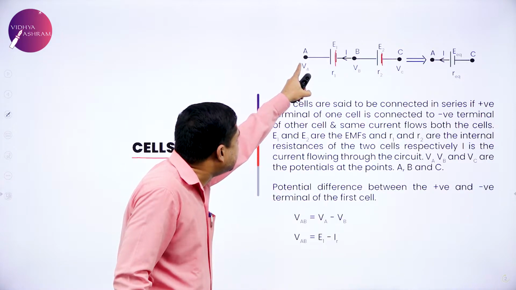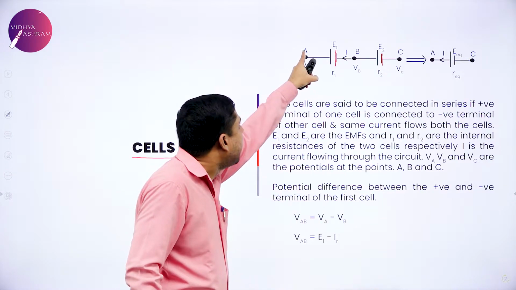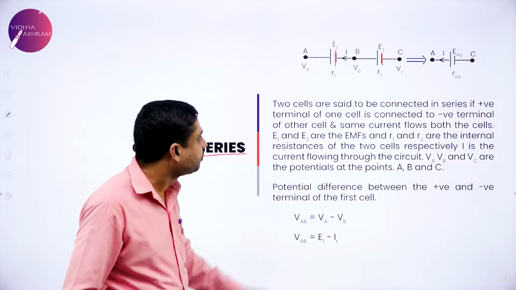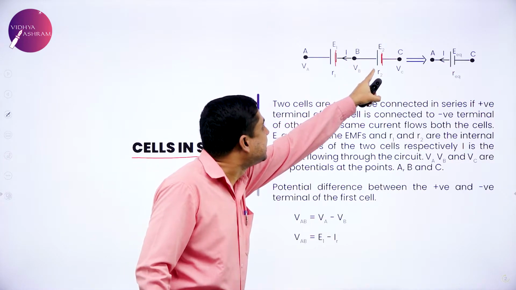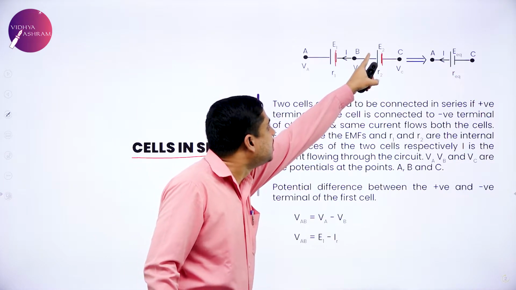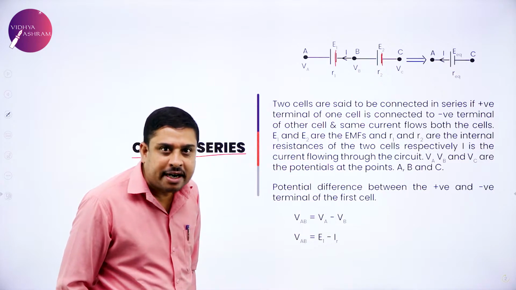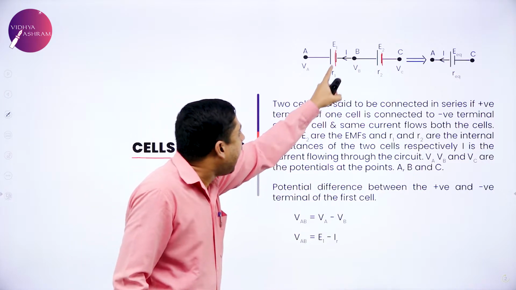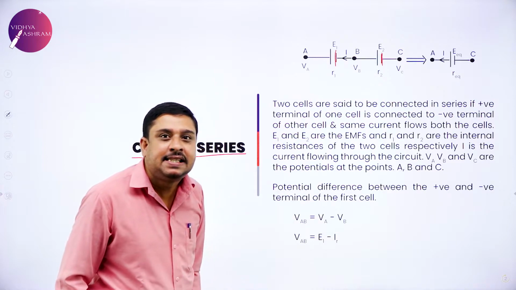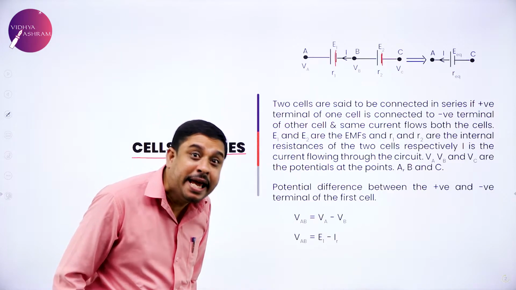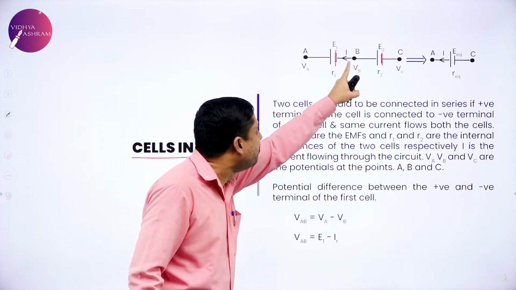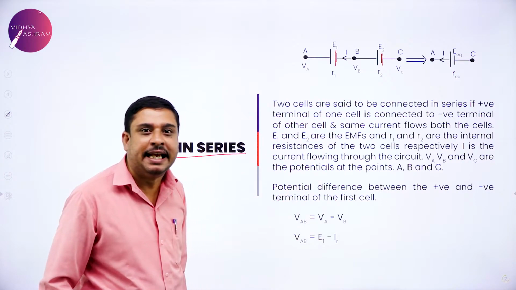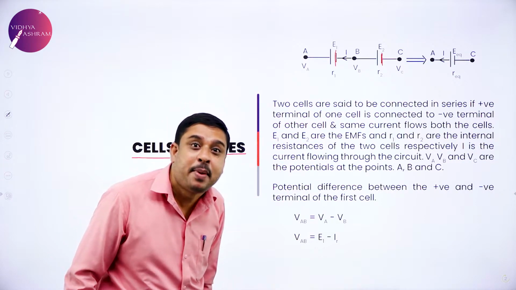VA is the potential at the point A. VC is the potential at the point C. And I have also considered a point B between them where the potential is VB.